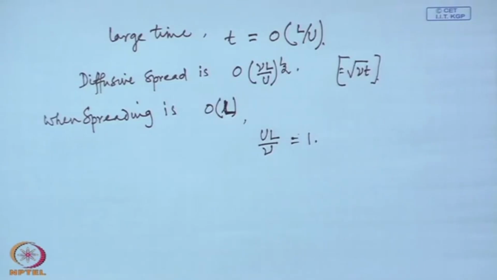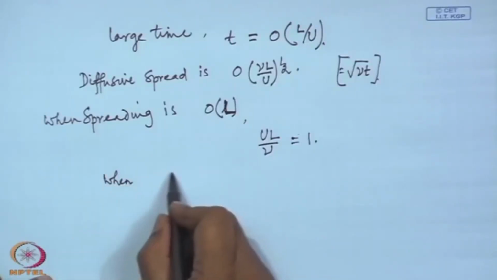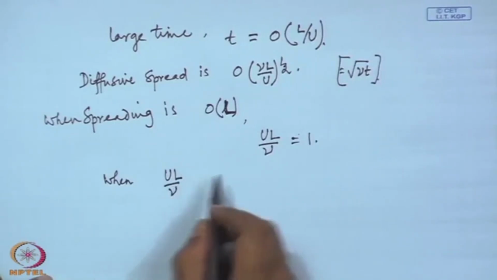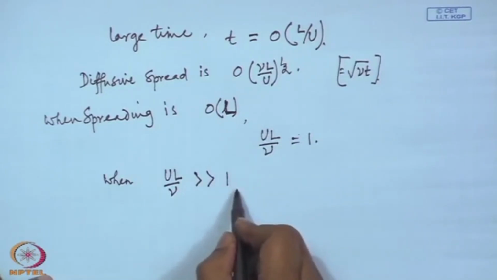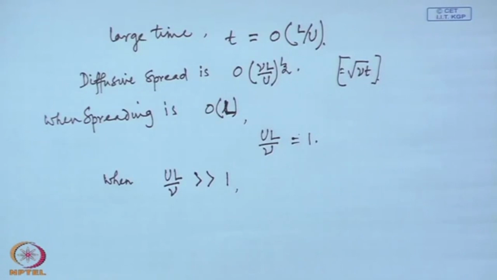And if U L by nu is much larger than 1, the spreading is very small, infinitesimally small.